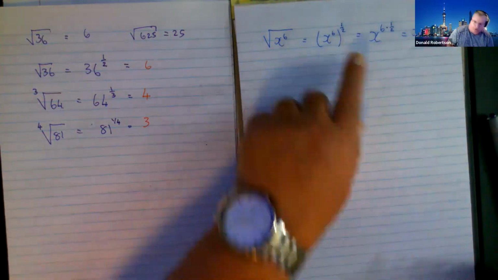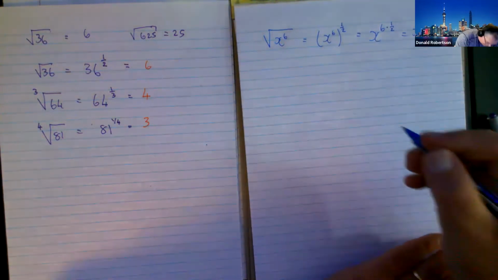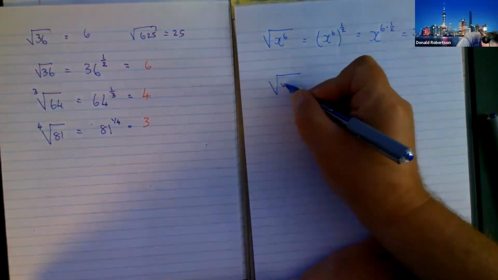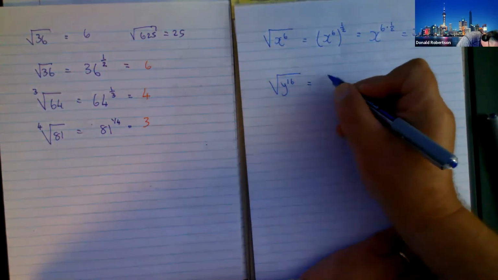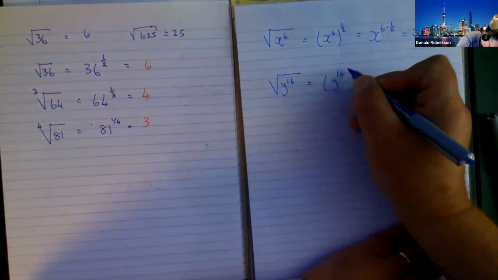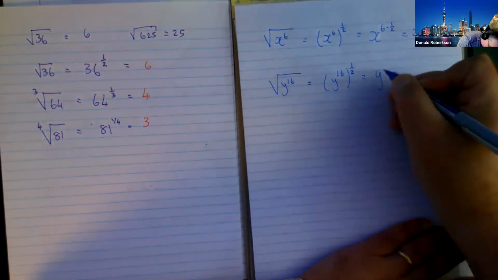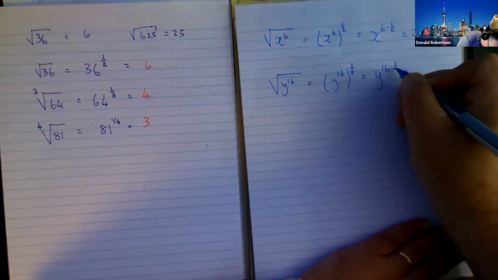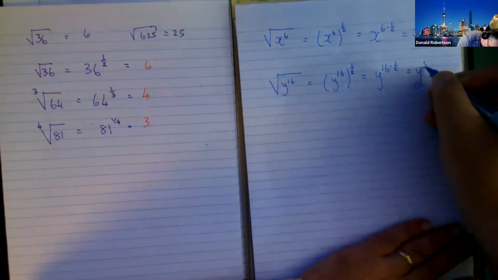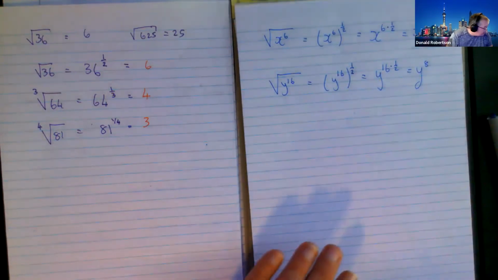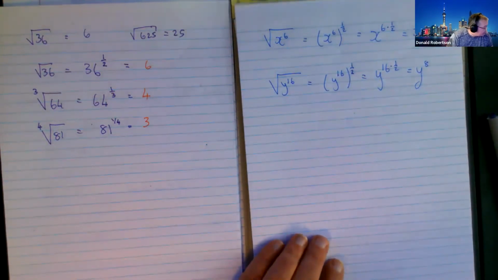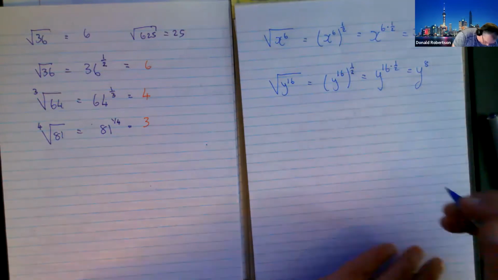And the answer is x cubed. So if you wanted to find the square root of y to the 16, you'd call it y to the 16 raised to the power of a half. That would be 16 times a half, and that would be 8. And there's your answer. Again, in these questions, things are coming out quite nicely.